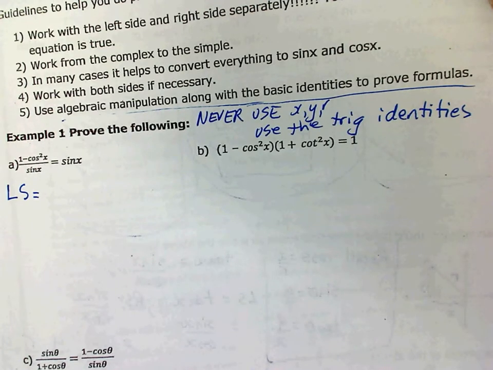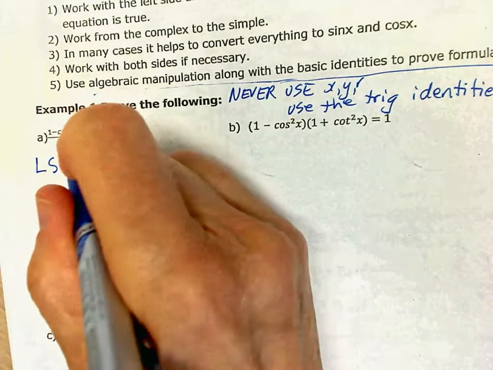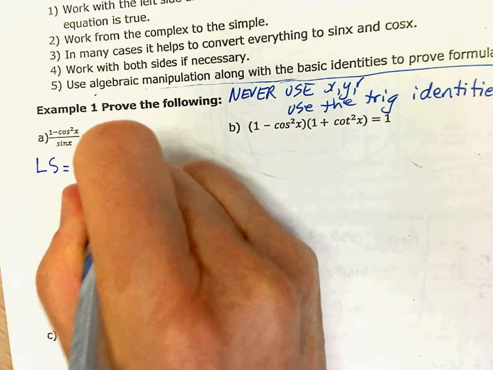Left side is 1 minus cosine squared x over sine x.